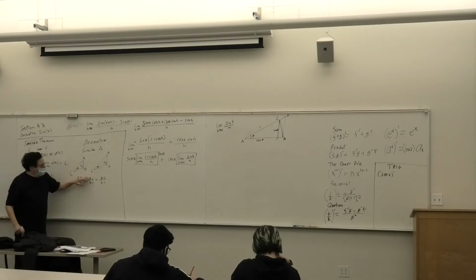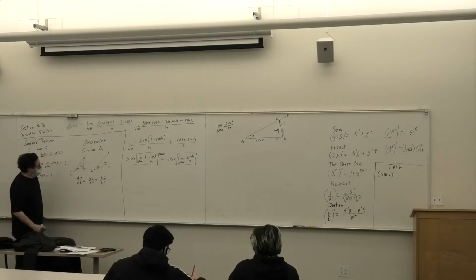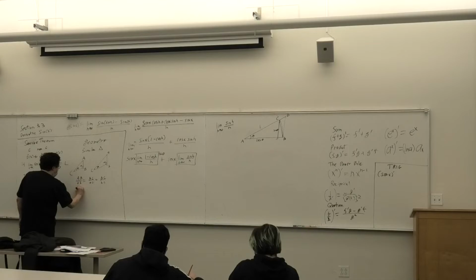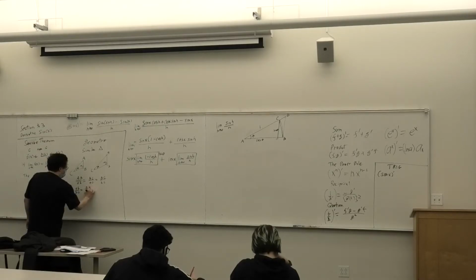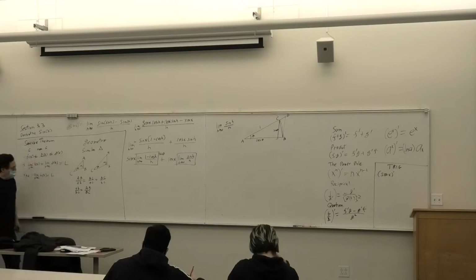And you can rearrange these fractions as you wish. You could say little ab over little bc is the same as big AB over big BC. It's just a ratio. So something to keep in mind.